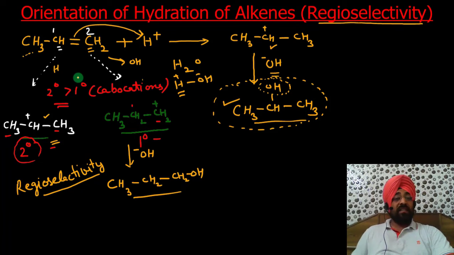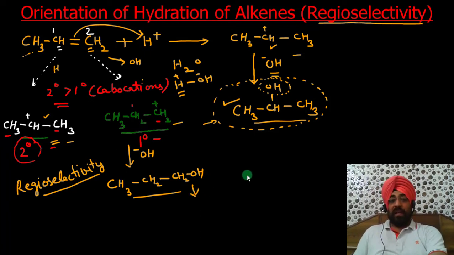So we will say this is a regioselective reaction, or this phenomenon is regioselectivity. Whenever there is a possibility of either forming or breaking a bond in more than one way, this phenomenon is called regioselectivity, and the reaction is called a regioselective reaction. This reaction is regioselective because there were two possibilities of forming the carbocation, out of which this was more stable, so this was the major product. This will also be formed, but in lesser amount.